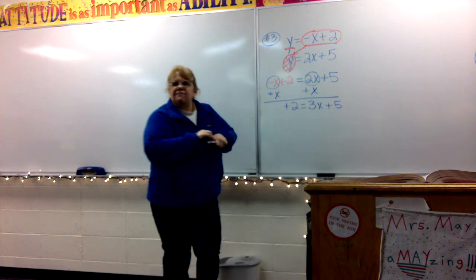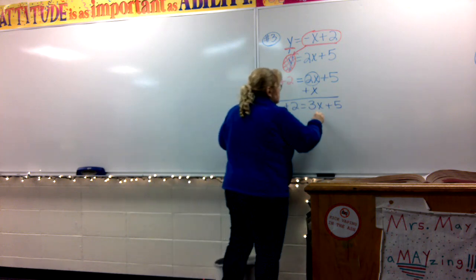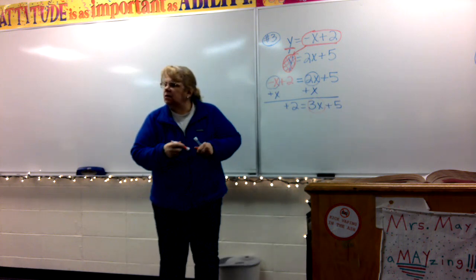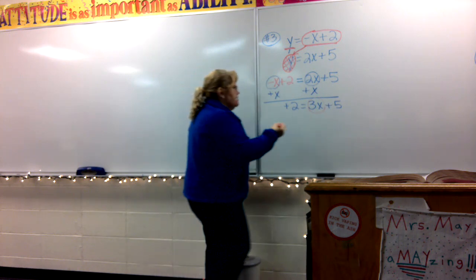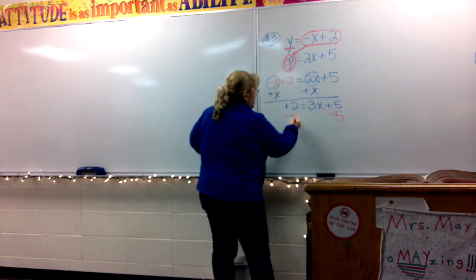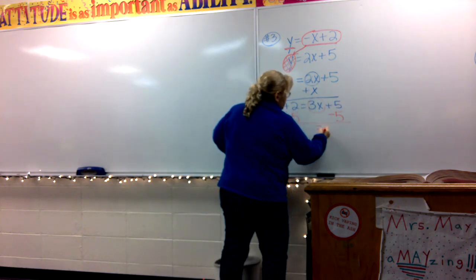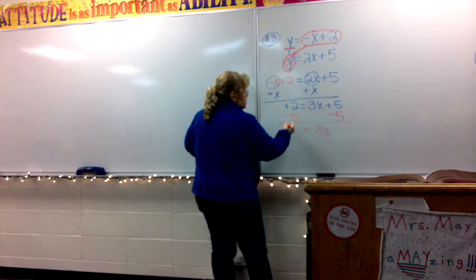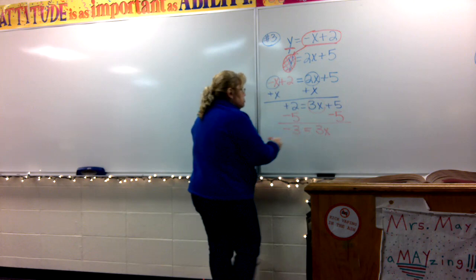Now that I have all the x's together, you got to get rid of what's with it. How do you get rid of the plus 5? So what do you get? 3x equals negative 3.